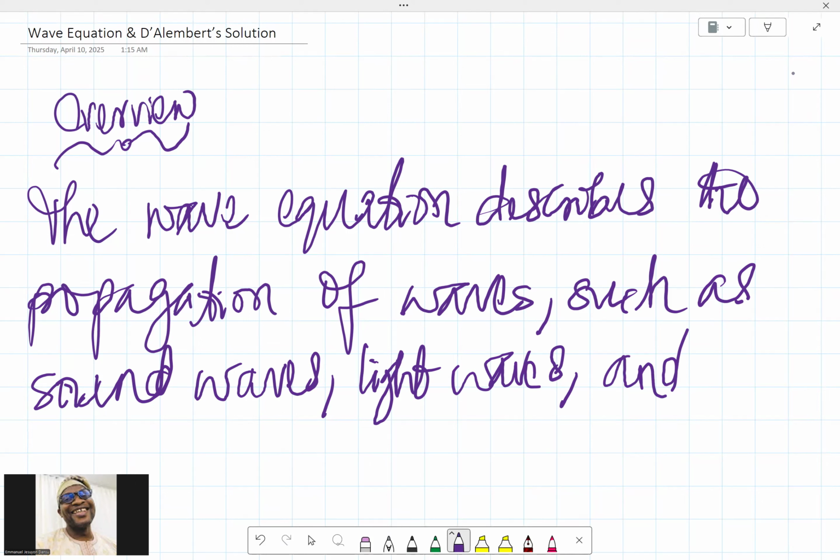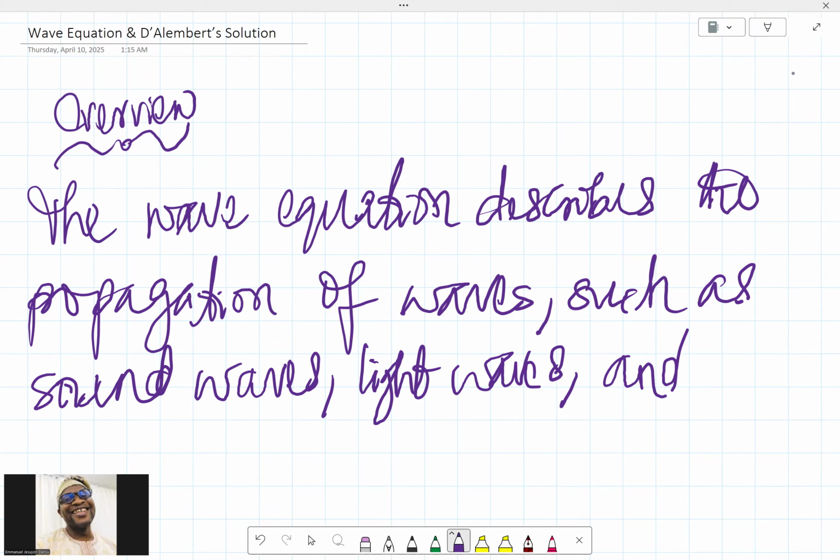So here, f of x minus ct represents the wave traveling to the right, that is the positive x direction.